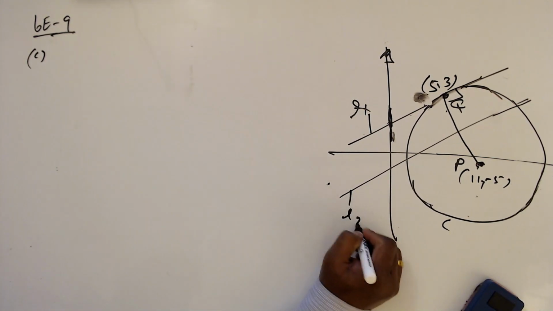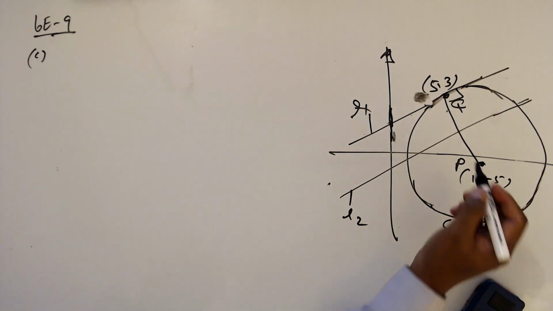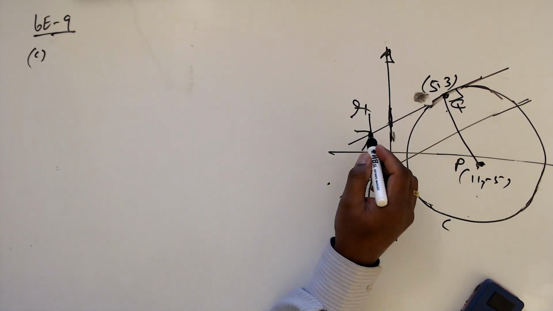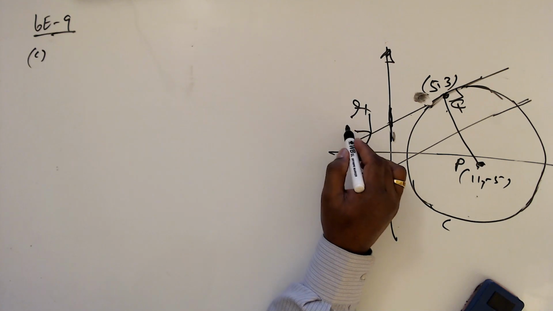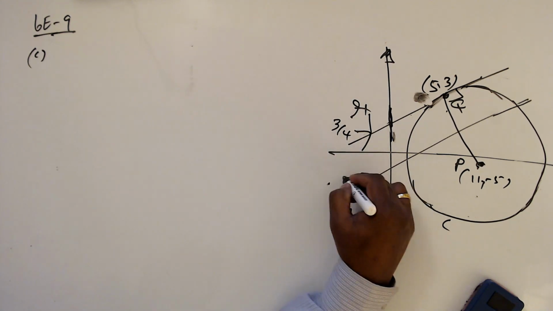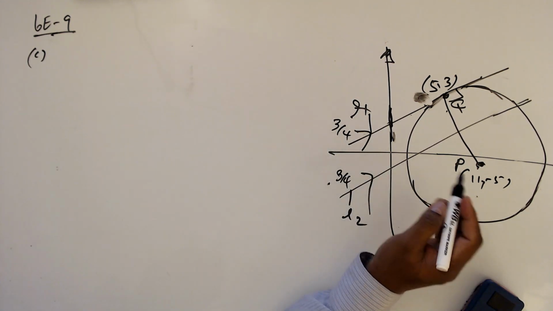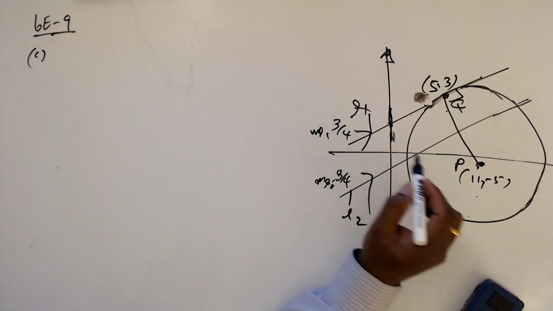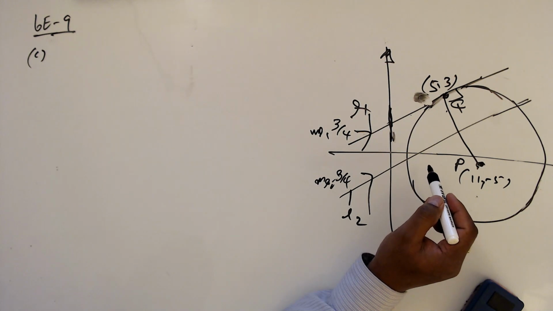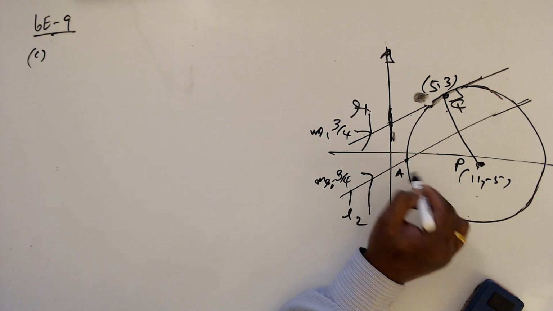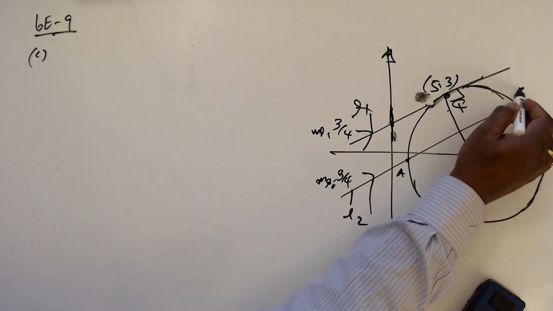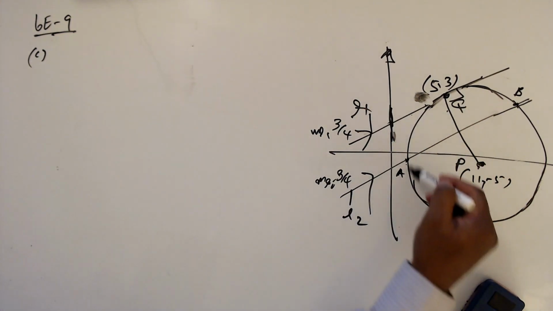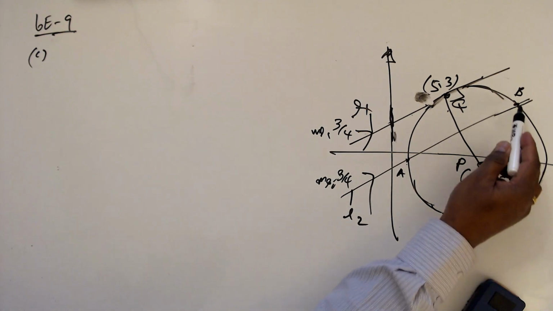This is L2, part C. L1 and L2 are parallel, so this is gradient 3 over 4 and this is gradient 3 over 4. Now the question is, we want to find the points A and B. It means we have to solve the equation of the circle and this line.